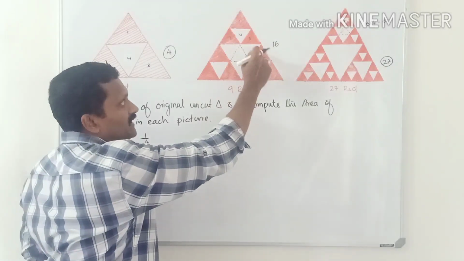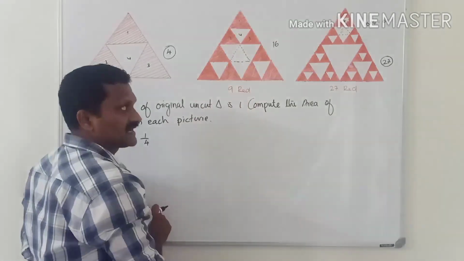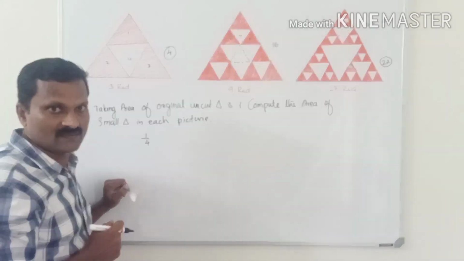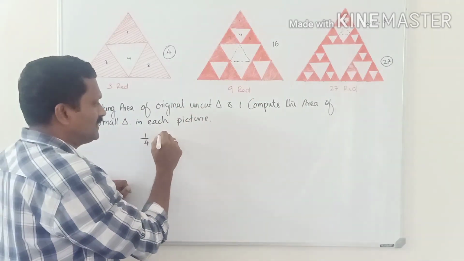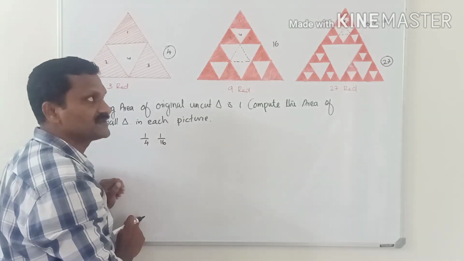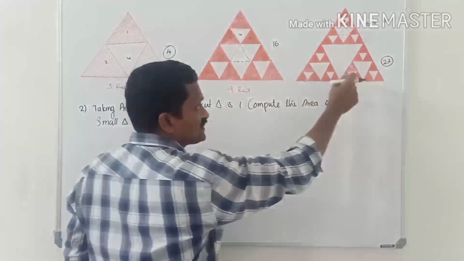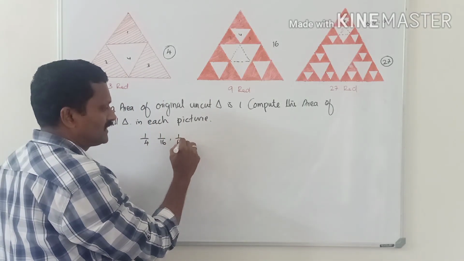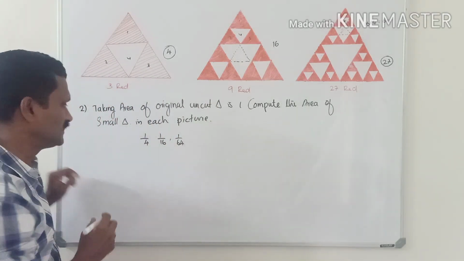Then the area of the small triangle in the second figure: there are total 16 triangles, so the area of one triangle is 1 by 16. Third figure: there are 64 triangles and the area of one triangle is 1 by 64.